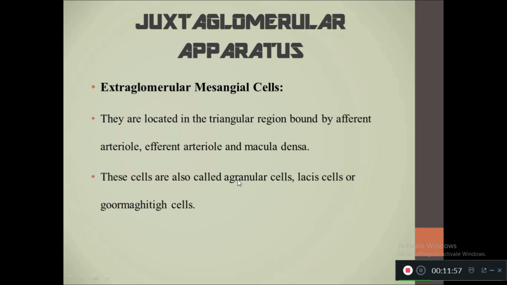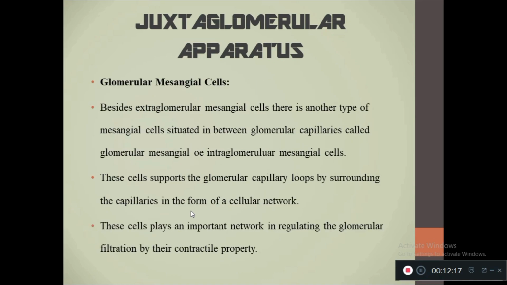These cells are also called agranular cells because there are no granules, and other names are lacis cells or Goormaghtigh cells. So these are the other names of extraglomerular mesangial cells.